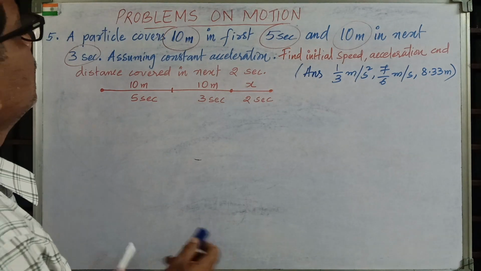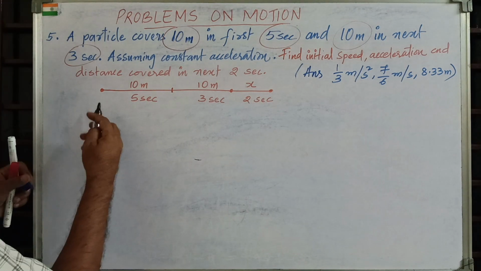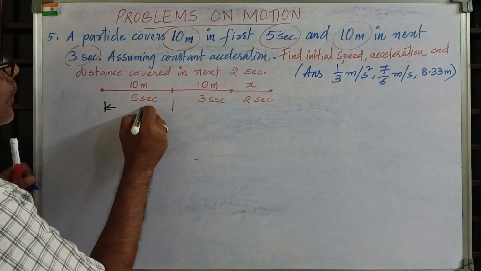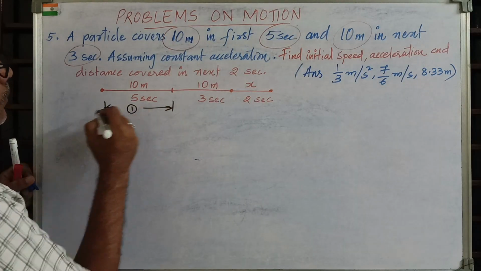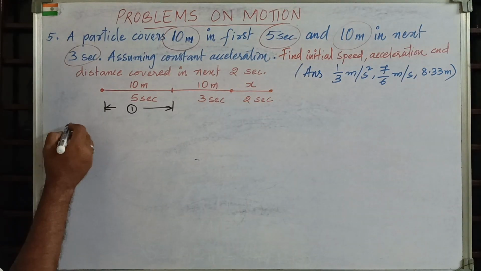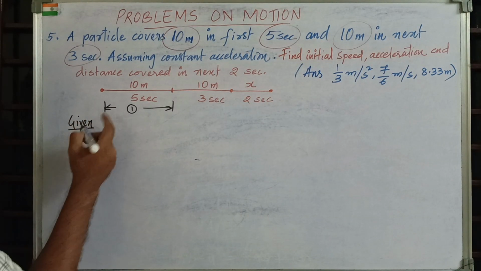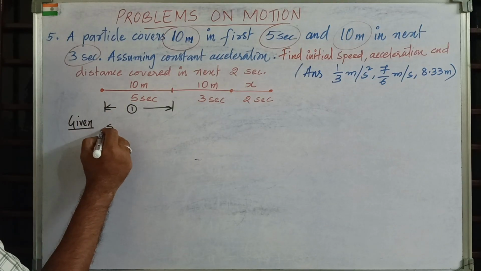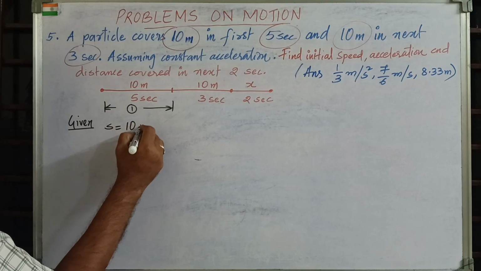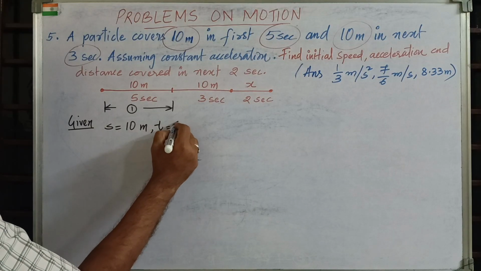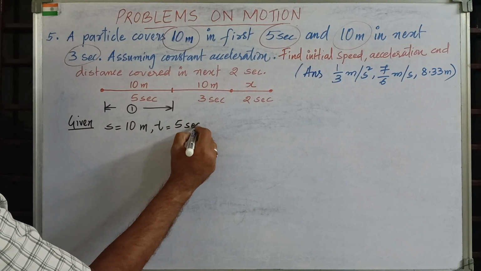Let us start with the first part. For understanding purposes, I am writing like this. Given: S is 10 meter, time is 5 seconds. This is the first part of the problem.